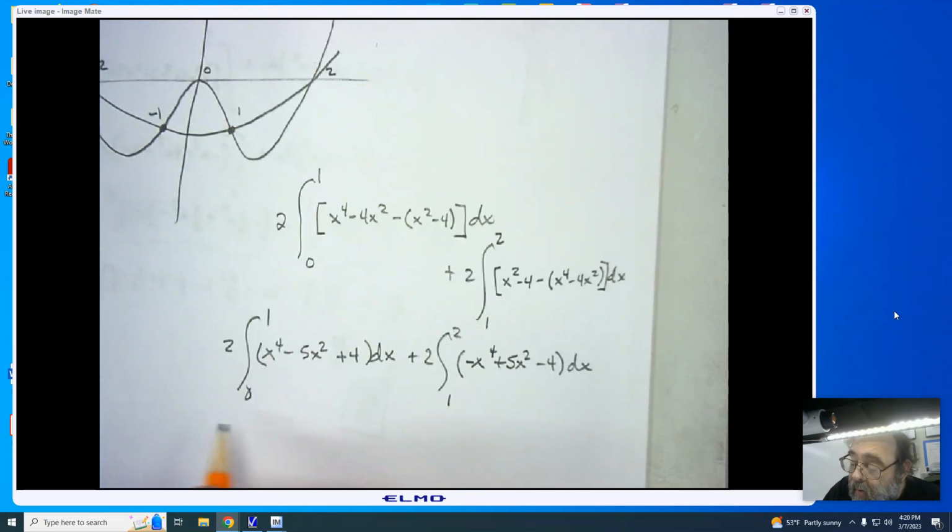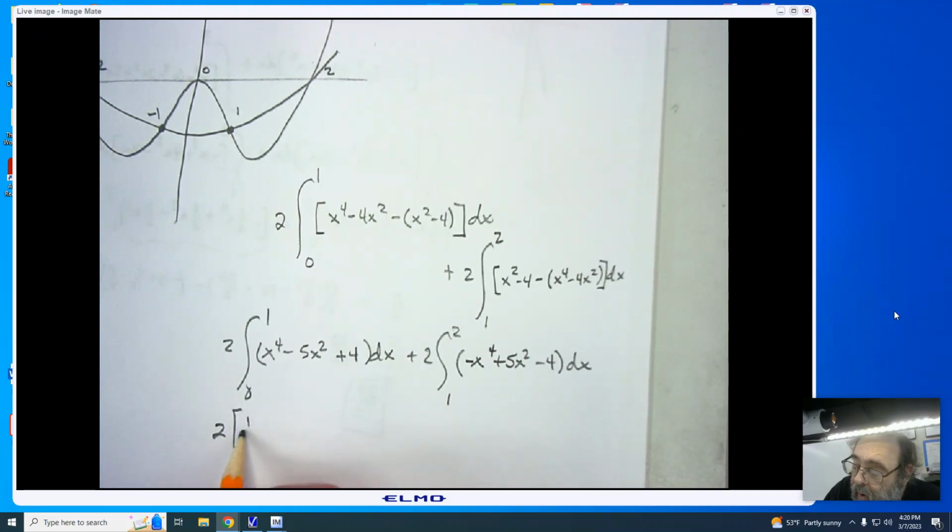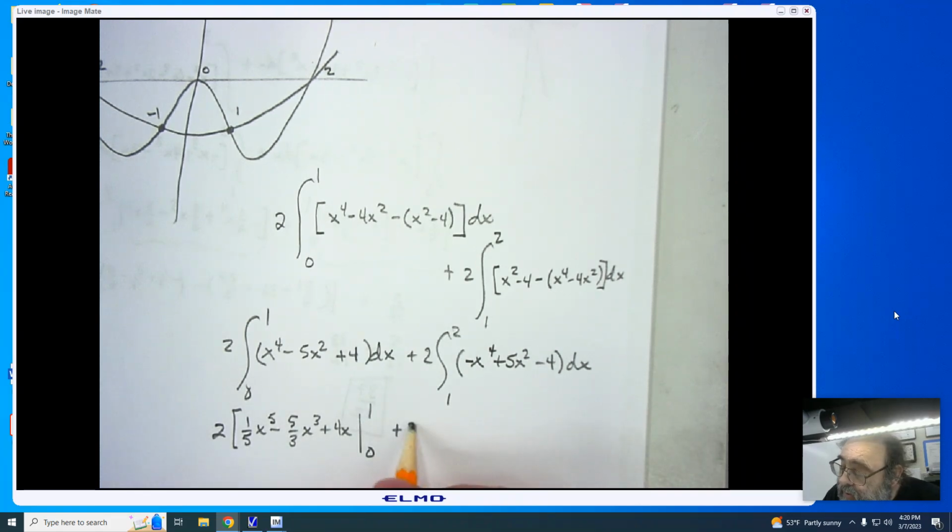We're now going to integrate. So I'm looking at 1/5 x to the 5th minus 5/3 x to the 3rd plus 4x, from 0 to 1, plus 2 times.